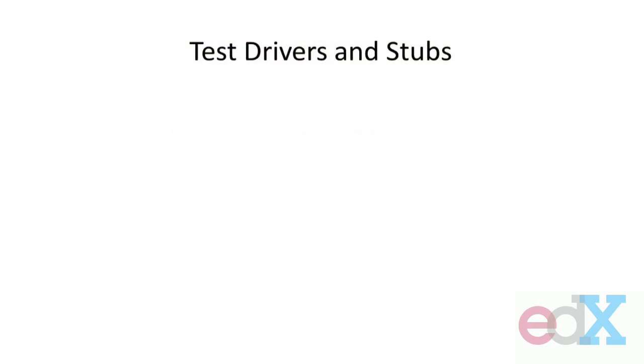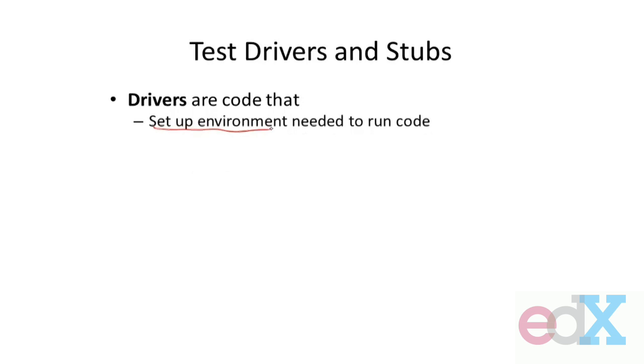Now, there's another piece of testing that's really useful to do, and that's to build a test driver. What does that mean? Well, drivers are code that actually set up to do the testing for us. So I'm not just typing things in by hand. And the idea is that in a driver, we're going to set up an environment. And what we mean by that is we're going to set up a piece of code that creates bindings for global variables, data structures, other pieces that I need to do the testing.